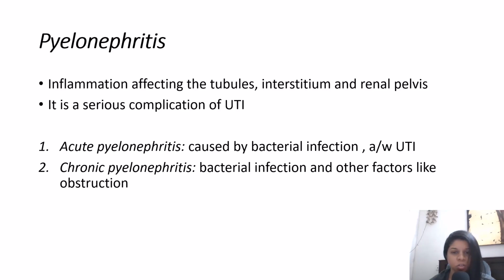The acute version is of sudden onset and is mostly associated with UTI only. So when a UTI is not resolved properly by antibiotics, it can go into kidney infection. That is, a UTI which is concentrated in the bladder and urethra, if it is not cured properly, the infection can spread on to the kidney. That is how acute pyelonephritis occurs.